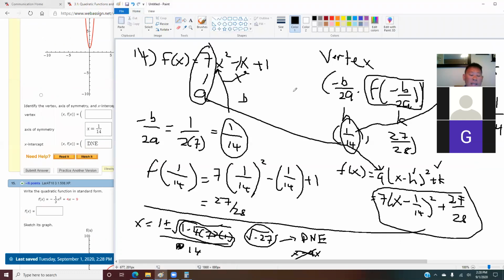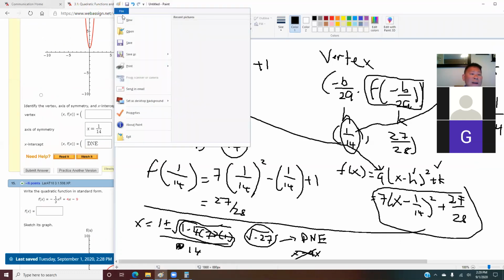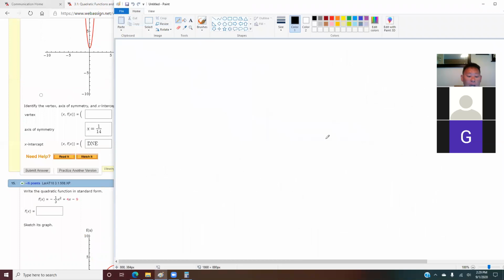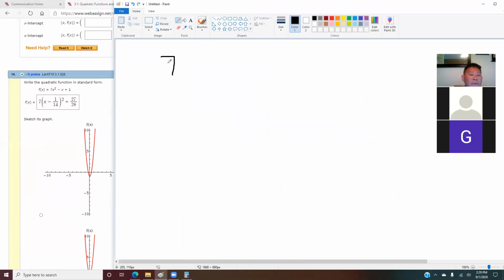Okay. So let's say I change this into something different. Let's say I change it to 7x squared, just change it to negative x minus 1, for example. If you want to find the x-intercept in this case, you just again do the quadratic formula.